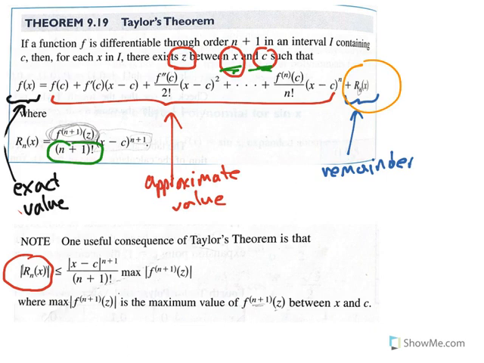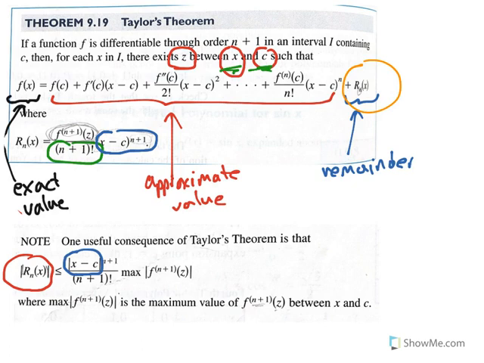So for example, x minus c could be positive or negative depending on if x is greater than c or if x is less than c. But when we put absolute value on the remainder, we want to make sure we have a positive quantity. So we put absolute value of x minus c to the n plus 1 power.